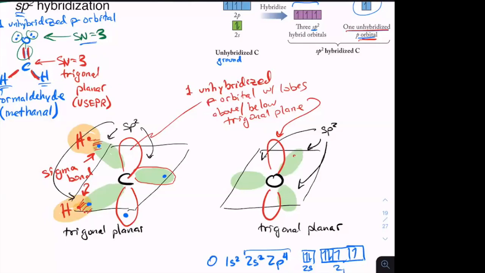And the lone pairs are going to be held in these hybrid orbitals. And then we've got the 2 unpaired electrons. One will be here in the other sp2 hybrid orbital, and the last one will be here in the unhybridized p orbital.